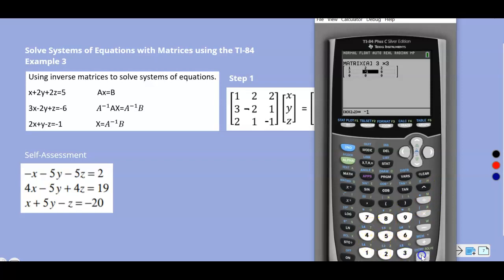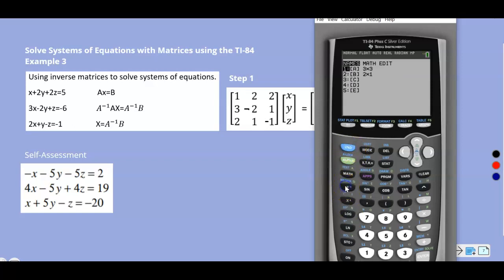So 3, make sure that is a negative 2 and a 1. And then I'm going to put in 2. This is a little easier and quicker if you use a handheld calculator. So second quit, that saves the matrix in there.